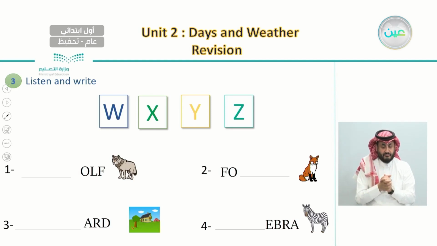So now let's try to practice again and listen for the first word and then choose the letter. So here we have number 1. Let's listen to the word. The word with number 1 is wolf. Wolf. So number 1 is wolf.